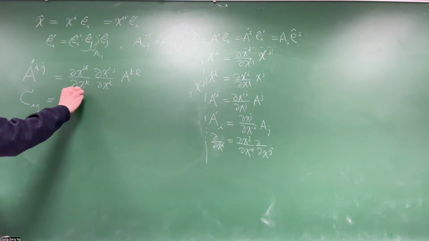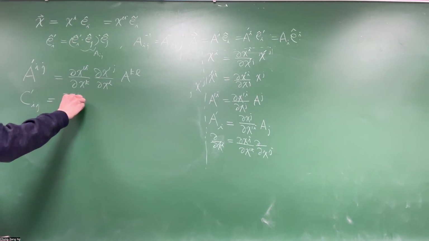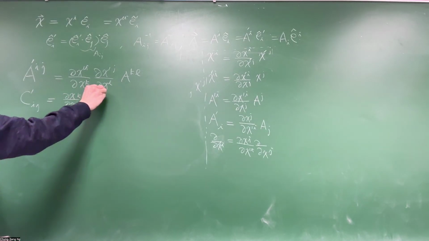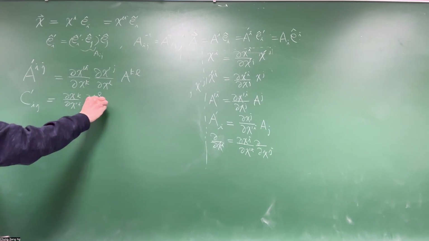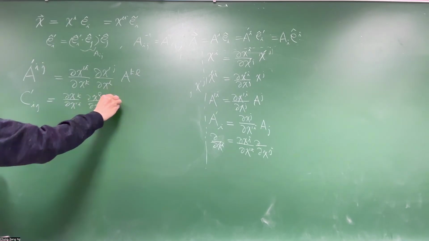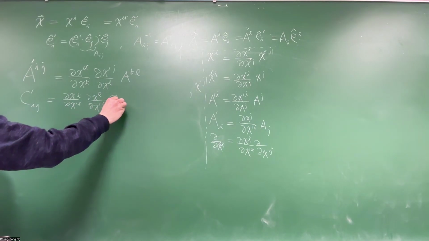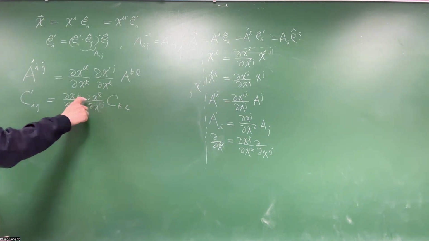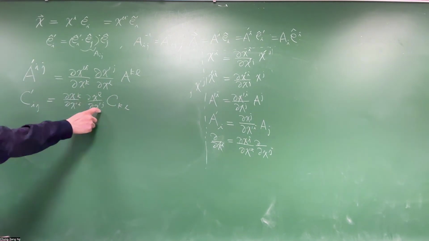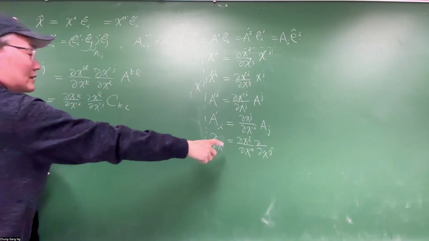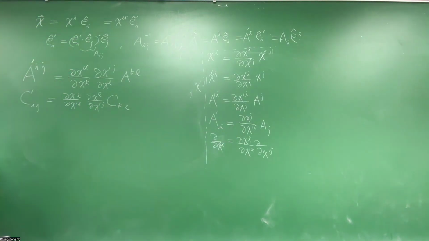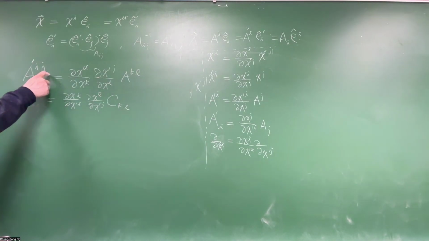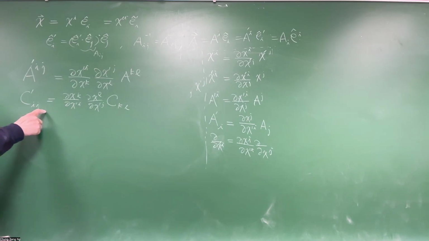You sum over all the two subscripts with two transformation matrices, like the covariant vector. Okay, and so that's fine. So this is now the second rank covariant tensor.